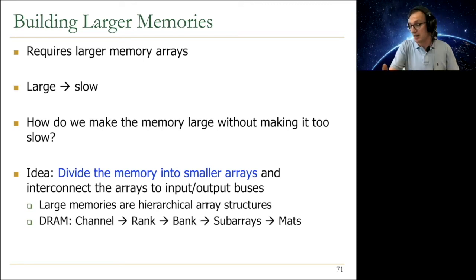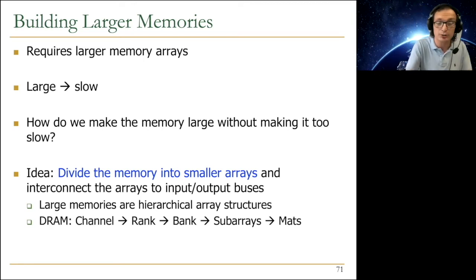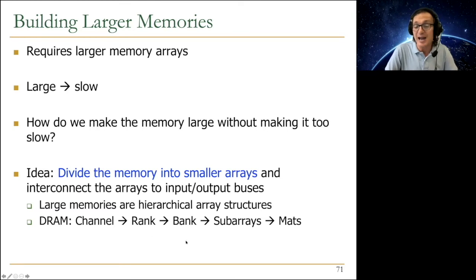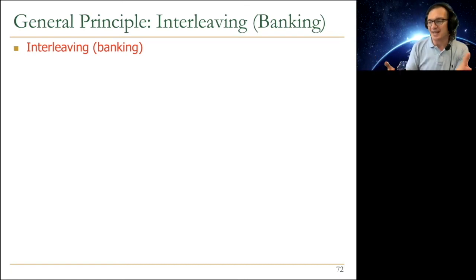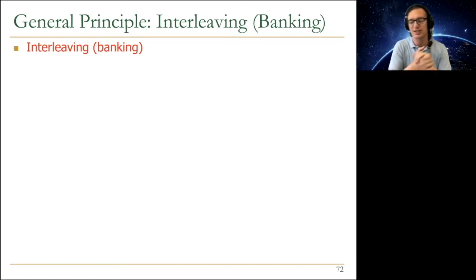And DRAM, particularly, which we're going to look at in a little bit, has a 5-dimensional structure, maybe even more today. I don't quote me on the 5-dimensional exactly, but channel, rank, bank, subarrays, mats. We will see another example of it. But we've already seen the concept of banking, for example. Remember, the general principle is really banking. And we've seen banking from a different perspective, but I also mentioned this aspect of it when we talked about SIMD processors, right?